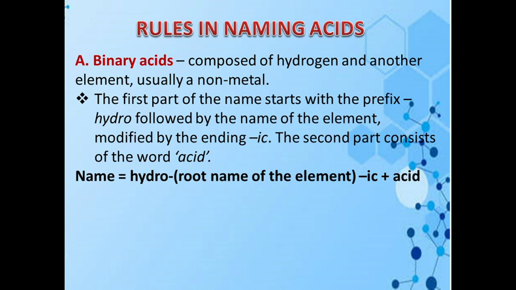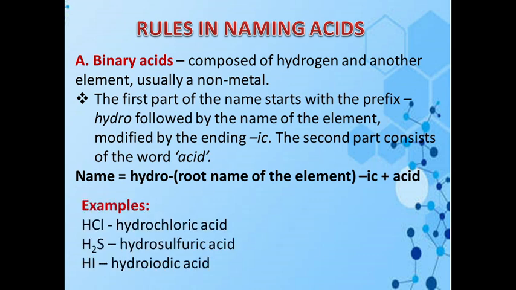Take note: hydro, the root name of the element plus -ic, plus acid. Examples: hydrochloric acid, with hydro first, the -ic ending on chlor, and acid. Next, hydrosulfuric acid, and hydroiodic acid.